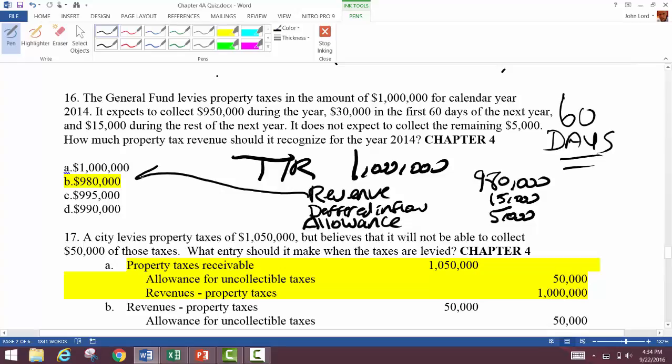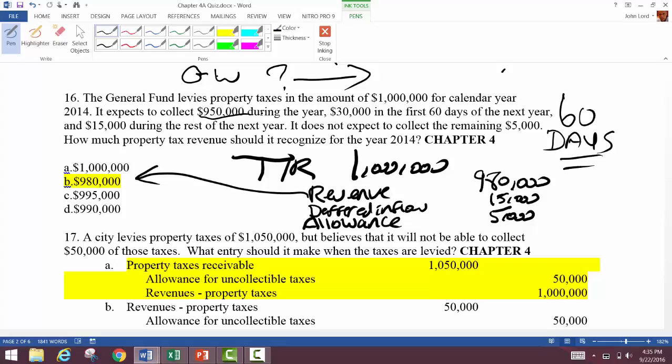What happens if I'm asking you the government-wide? Just 950, you say? I have no idea where you're getting 950 from. Help me. Where are you getting 950 from? Oh, the amount it expects to collect? Really? That's how you do it under modified accrual? I mean under full accrual, the government-wide level?